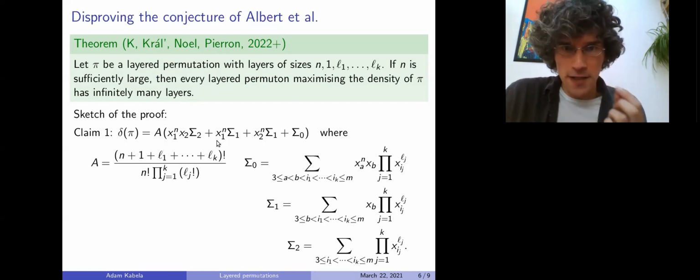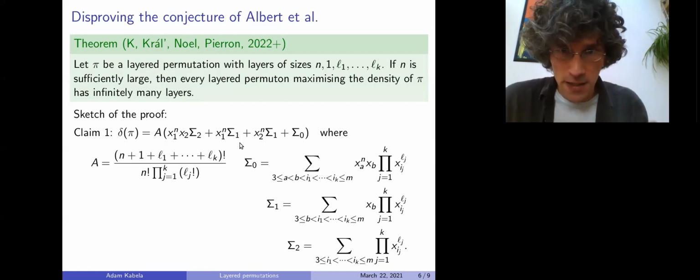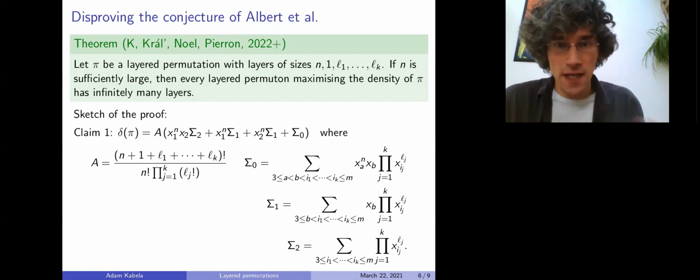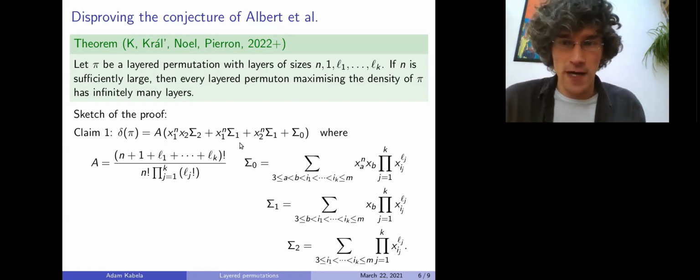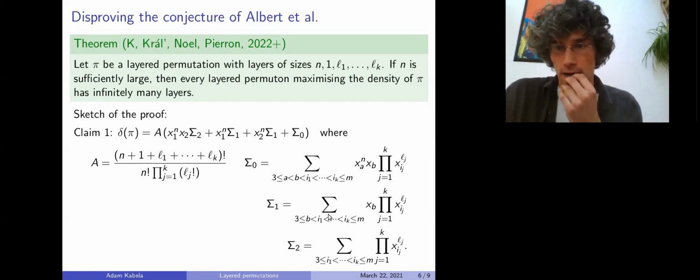Right? So the second term concerns the scenario in which the first layer is sampled from the first layer of the maximizer. The second layer of the maximizer is not used this time, and the rest is sampled according to this.